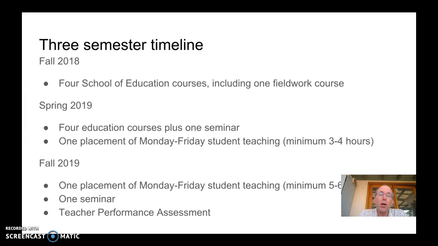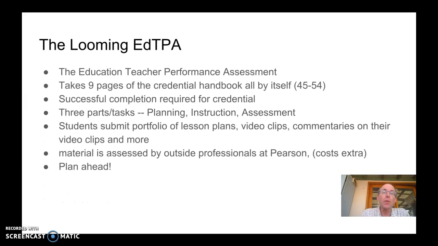And in the following fall, I'll get a more intense placement, and then a seminar, and then the teacher performance assessment. The orientation did say, everybody said these minimum hours are guidelines. Ideally, you should be at your school site for longer than the minimum.